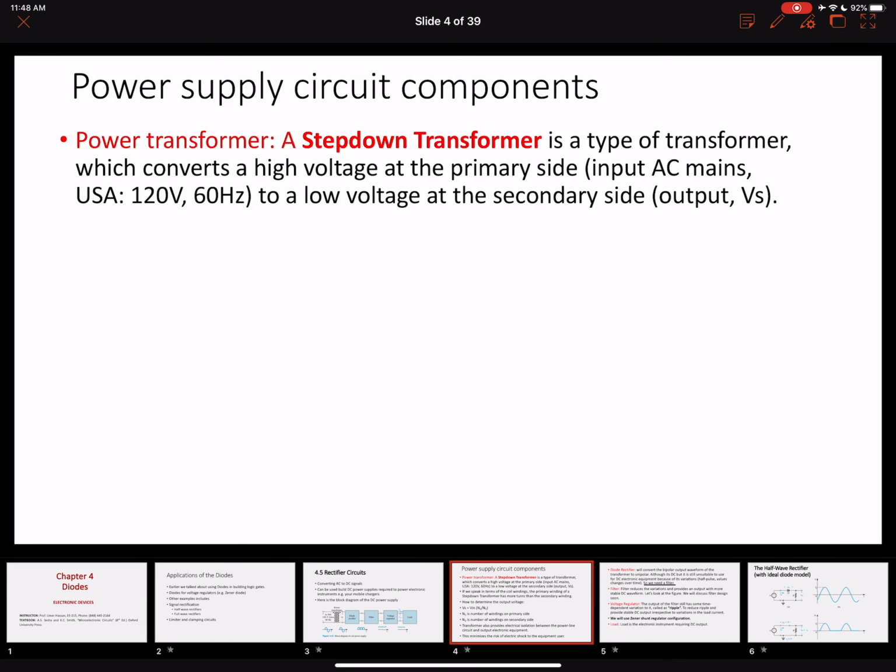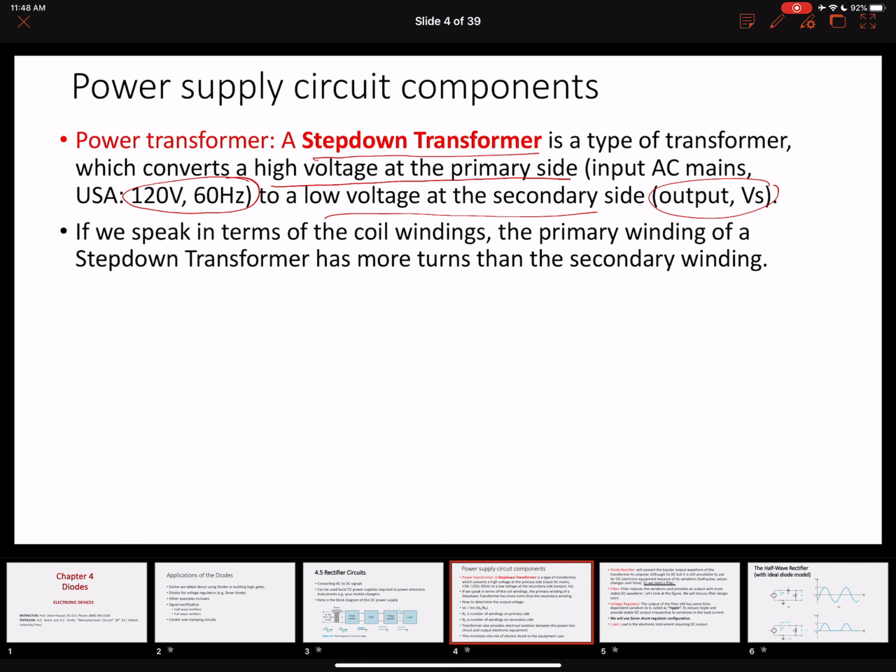I kind of discussed all of that. So the first component is a power transformer, again a step down transformer, which is a type of transformer which has a high voltage at the primary side, 120 volts, and it will convert that to a low voltage at the secondary side, which is the voltage that we require.